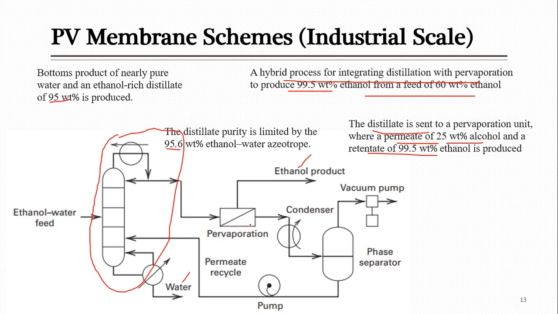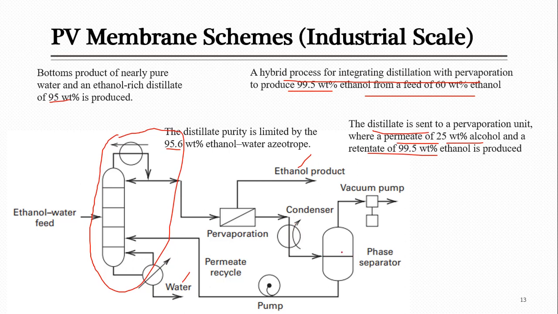Now looking at this permeate, it is not only water, it contains a sufficiently large amount of ethanol, 25 weight%. This will be in the form of vapor, so you just condense these vapors and bring them to a phase separator.